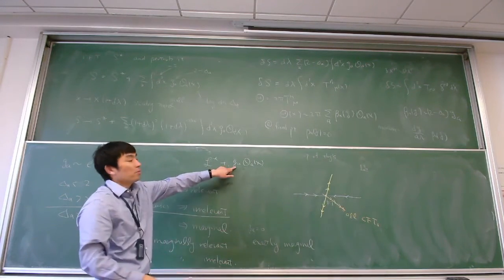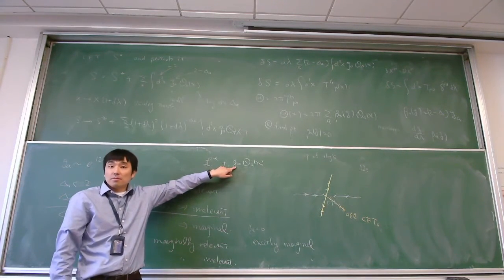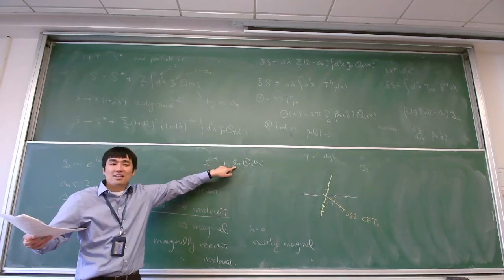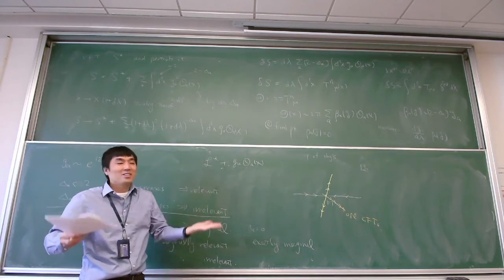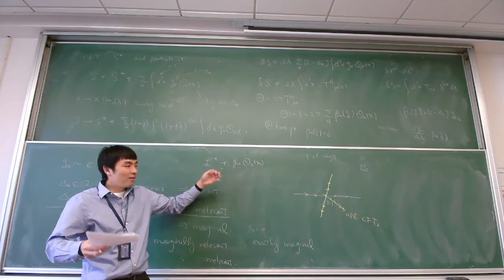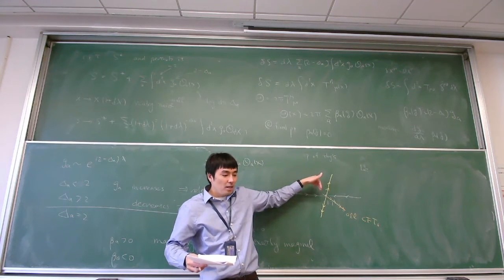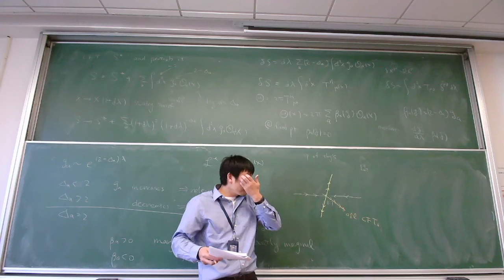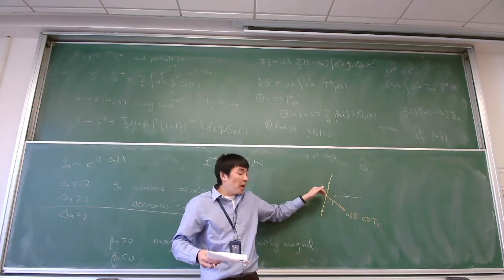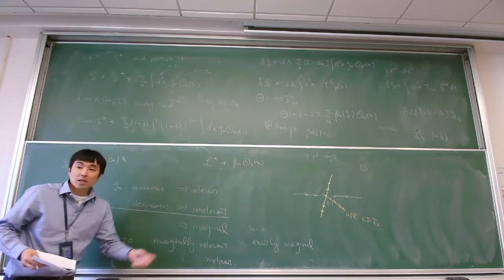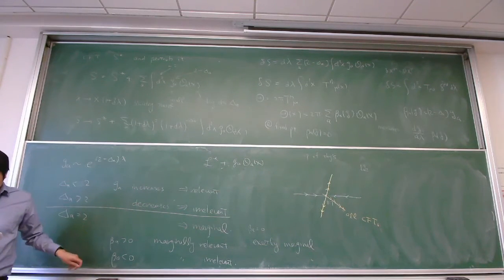Even if you perturb by an exactly marginal deformation, the theory stays a CFT, but it is different from the original one. So there is a space of CFTs parameterized by exactly marginal deformations.